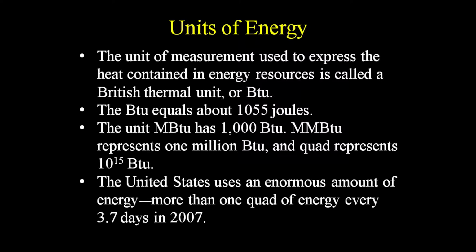The unit MBTU has 1,000 BTU. MMBTU represents 1 million BTU, and quad represents 10 to the 15th power BTU. The United States uses an enormous amount of energy, more than 1 quad of energy every 3.7 days in 2007.